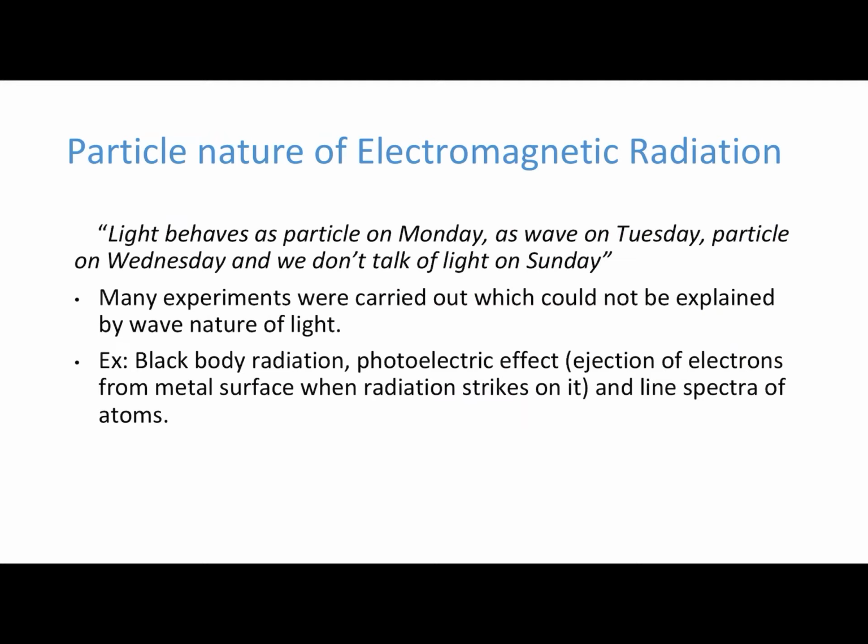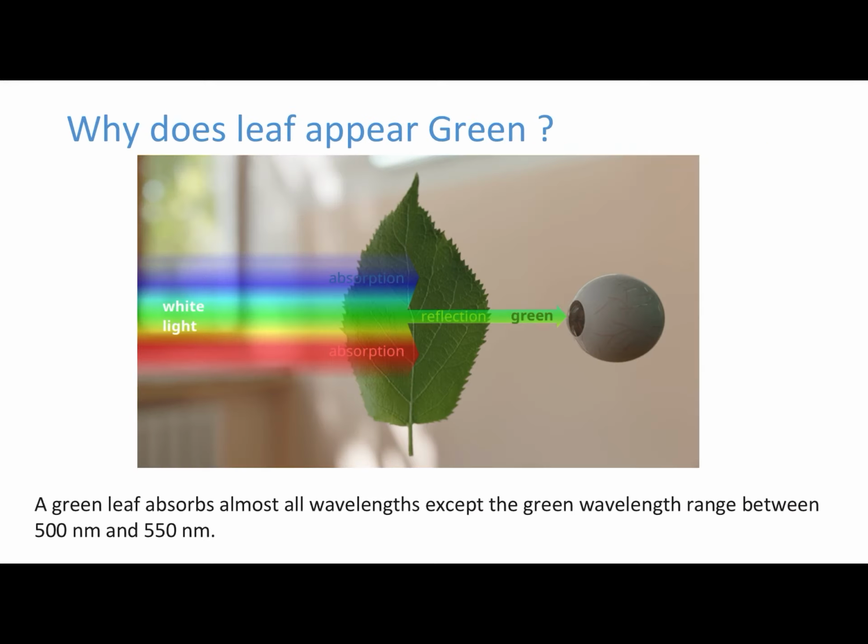They did lots of experiments. Many experiments were carried out which could not be explained by the wave nature of light. The first concrete explanation for the phenomenon of black body radiation was given by Max Planck in 1900.